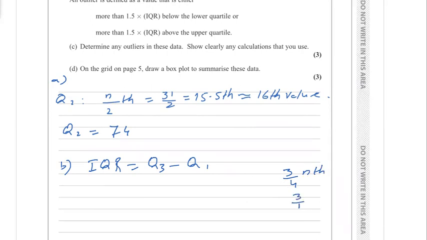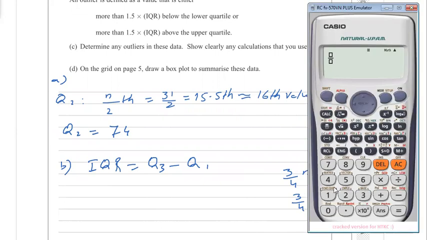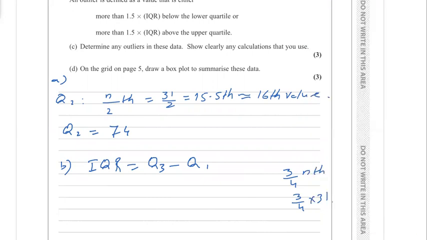So if I take 3/4 of 31, because the total number of values is 31, 3/4 of 31 will give me 23.25. It is not possible to take the 23.25th value, so we always round up. So that will be the 24th value.